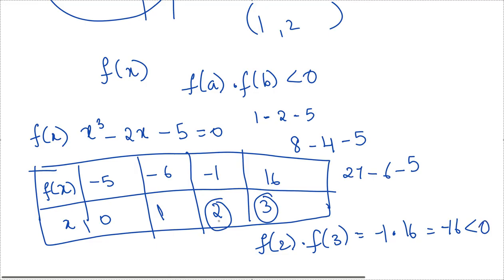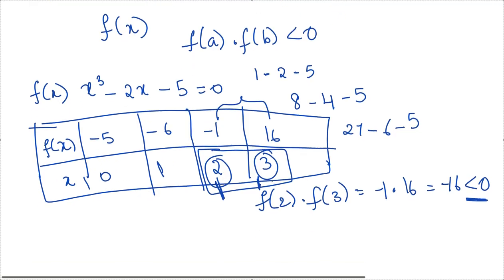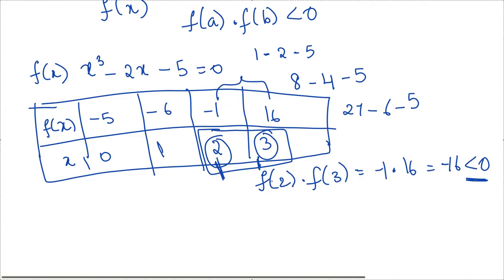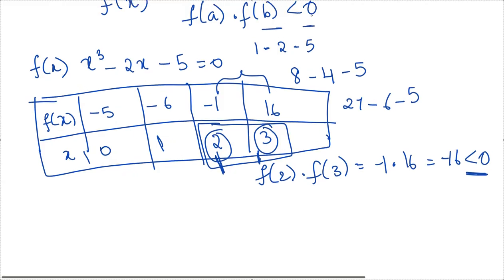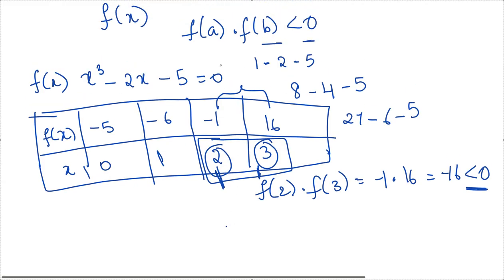Okay, so when you know that f of a into f of b is less than 0, that means the root lies between them. So the root of the equation will lie between 2 and 3. That is the first thing we have to consider. So we have to find the points a and b such that f of a into f of b will be less than 0.